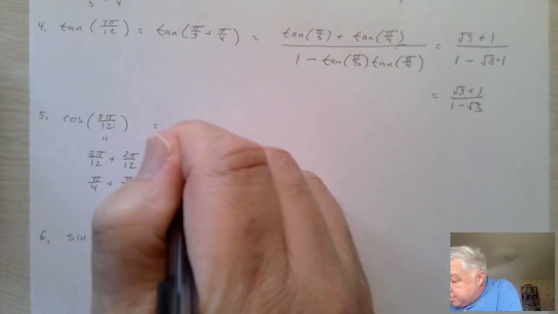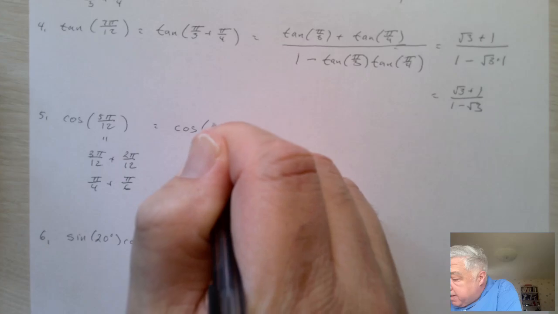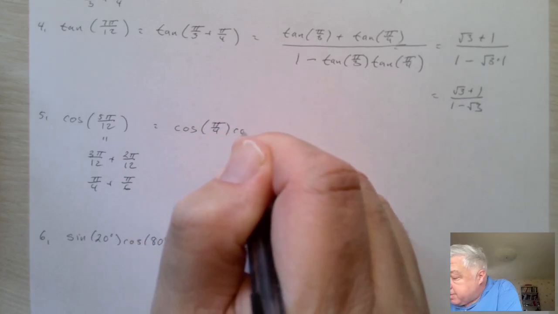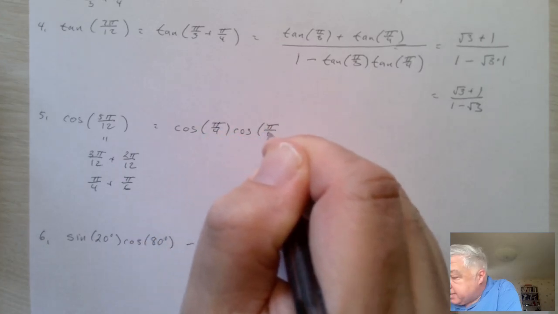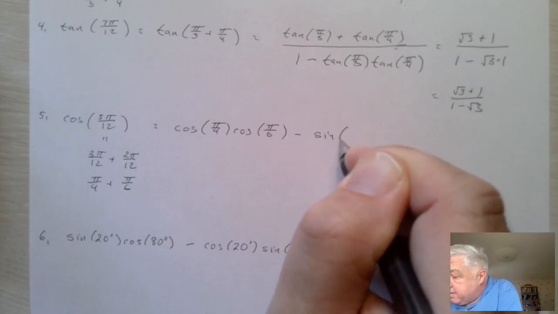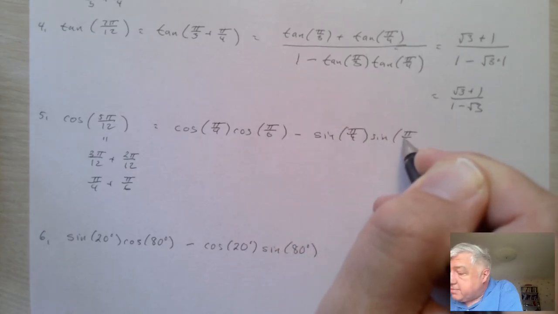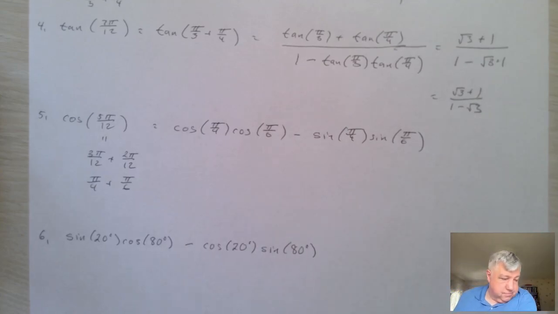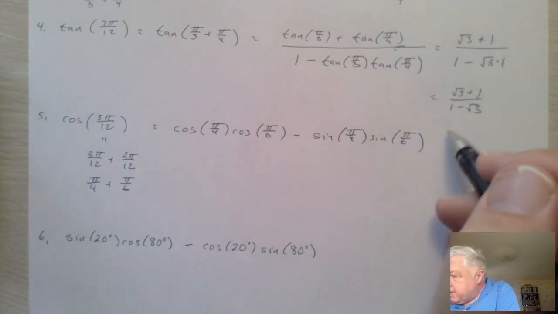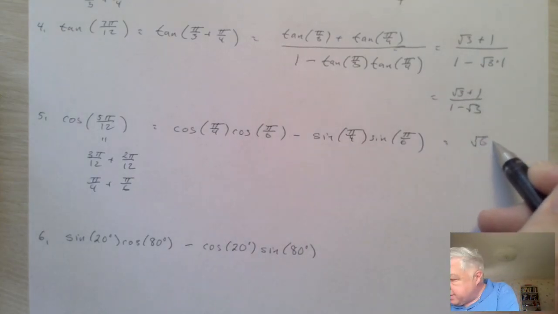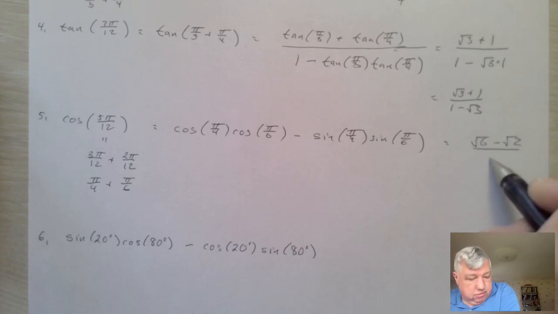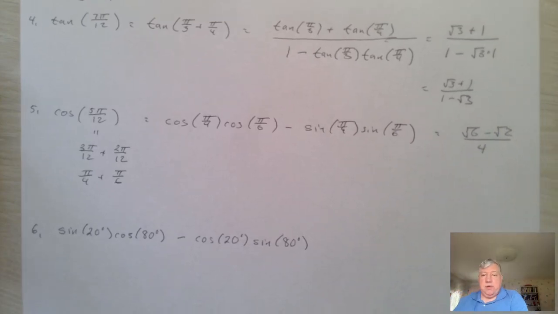So this will be the cosine of pi over 4 times the cosine of pi over 6 minus the sine of pi over 4 times the sine of pi over 6. Which I'll just tell you is the square root of 6 minus the square root of 2 over 4. You plug everything in.